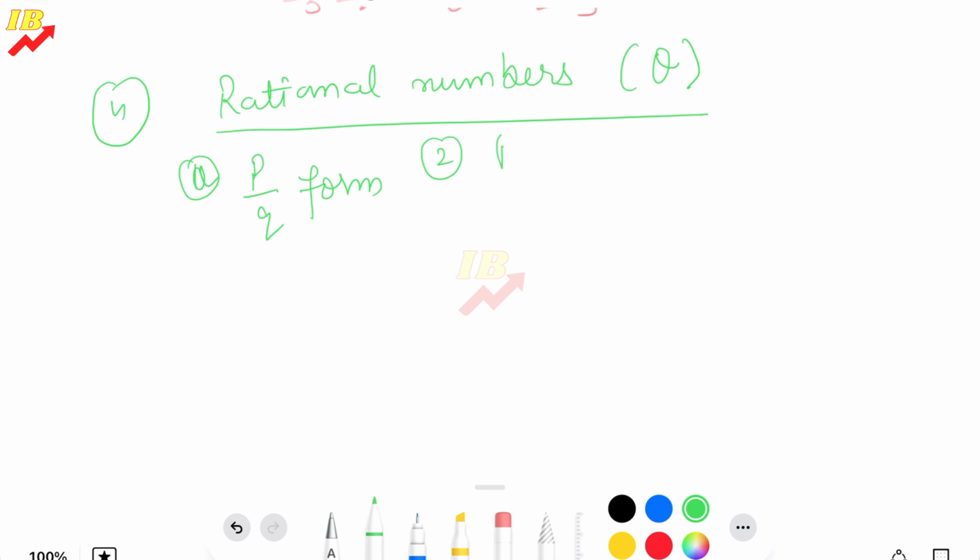Second thing is p and q are going to be integers. And third condition, that q, the denominator, is not going to be equal to 0. So those are called rational numbers.